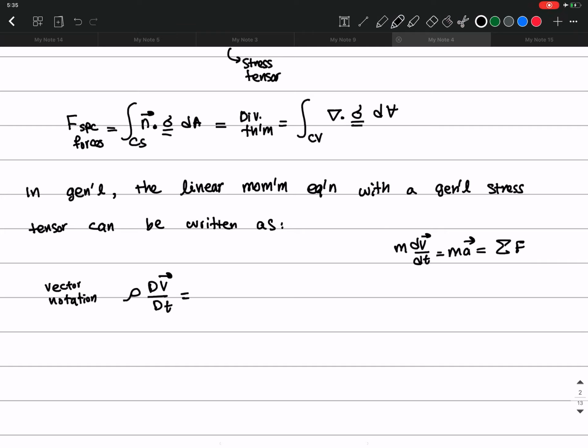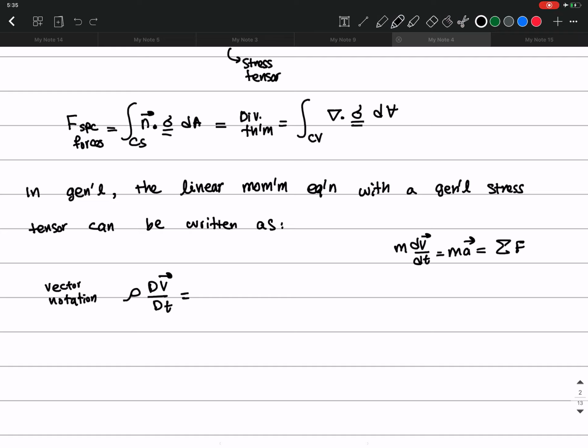The forces that I have are contact forces, plus the body forces, which is the gravitational force, right? So this is only the contact forces.